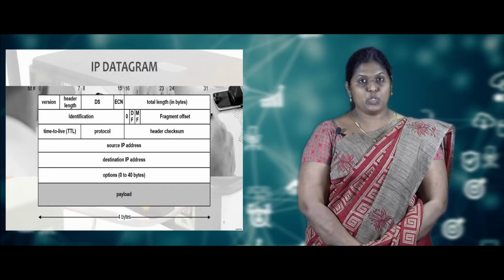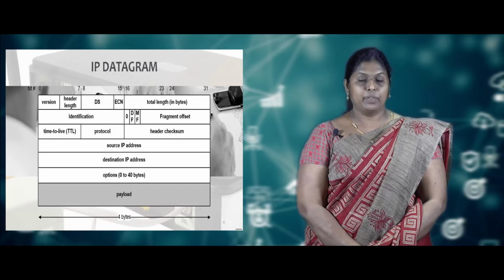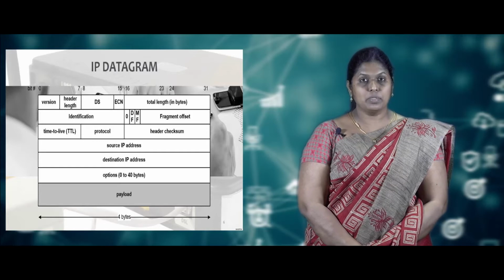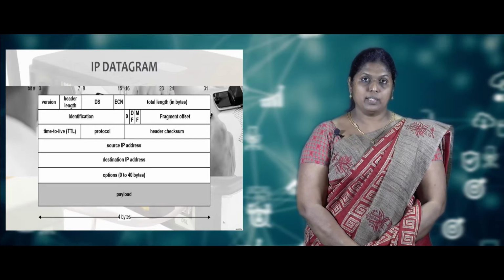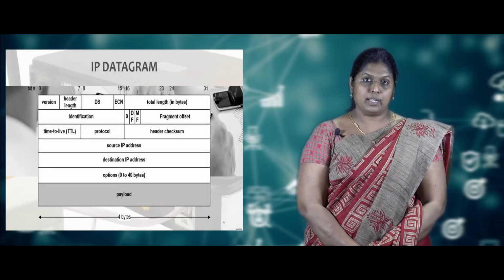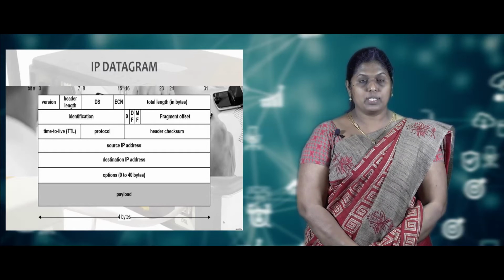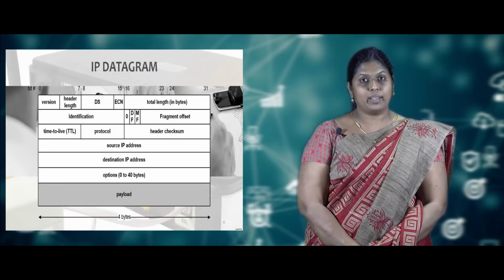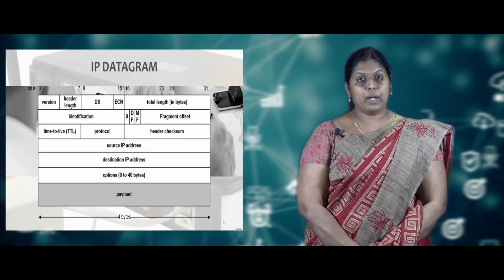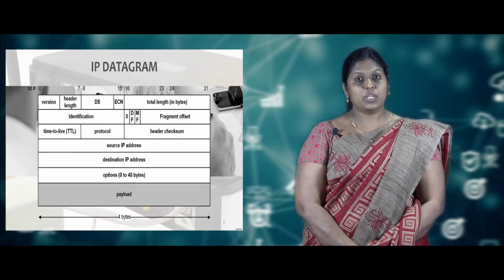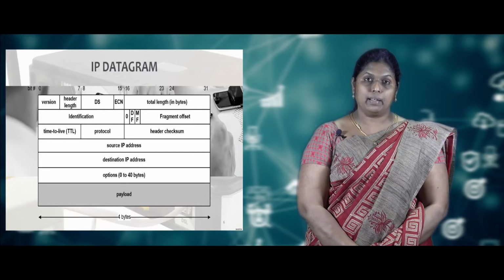The packets on the network are called datagrams, and a datagram is a variable length packet with two different parts. The first part is called the header, which is 20 bytes in length. The second part is called the data, which is 60 bytes in length.